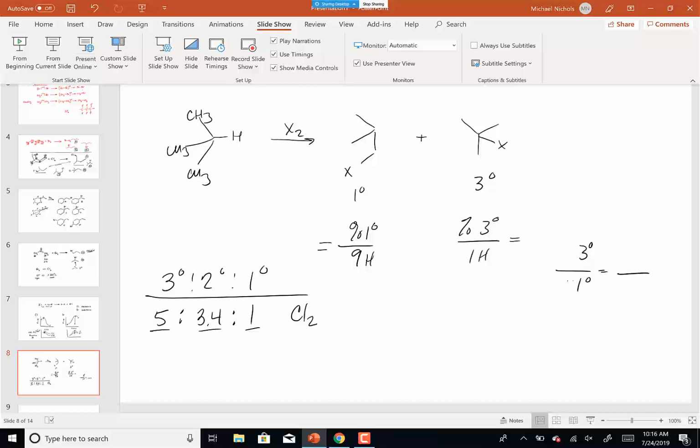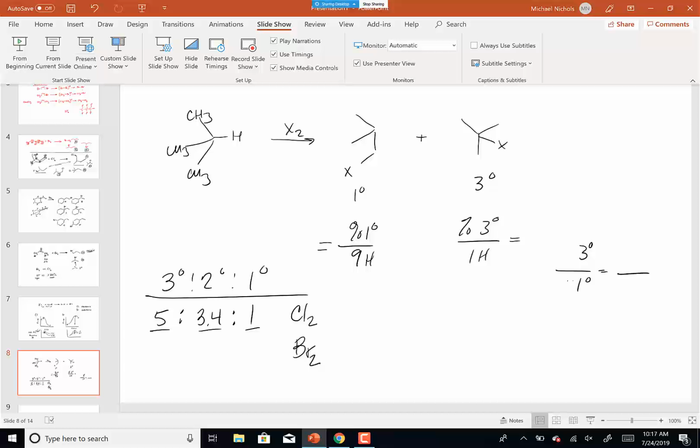And here's the problem. The problem is those are the numbers for chlorination. I'm forming the same radical whether I do chlorination or bromination, right? So why am I going to write down a different set of numbers for bromination than chlorination if I'm forming the same radical? Well, I'm going to.